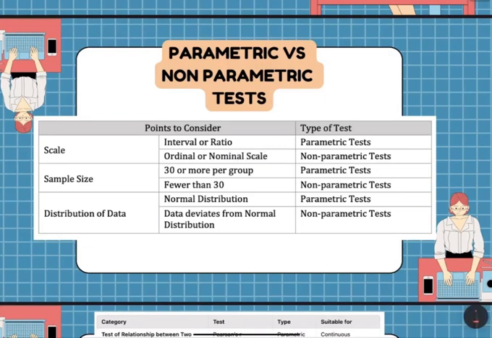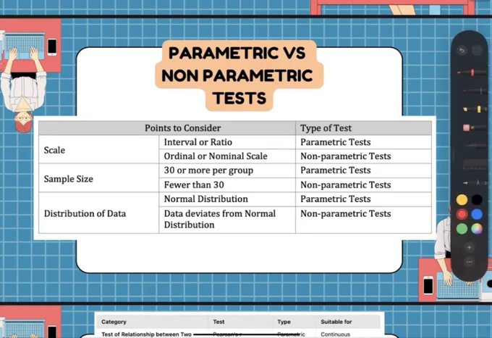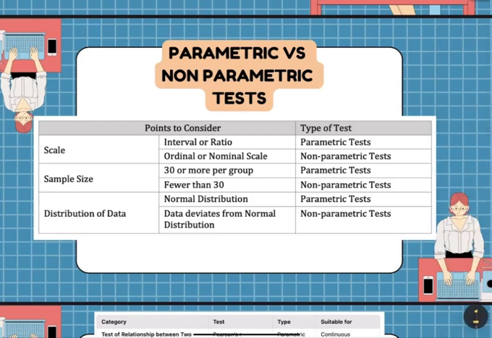It's not that easy, or it's not how it works now. So for a quick note, parametric tests are used when our data follows a normal distribution and meets criteria like a large sample size.